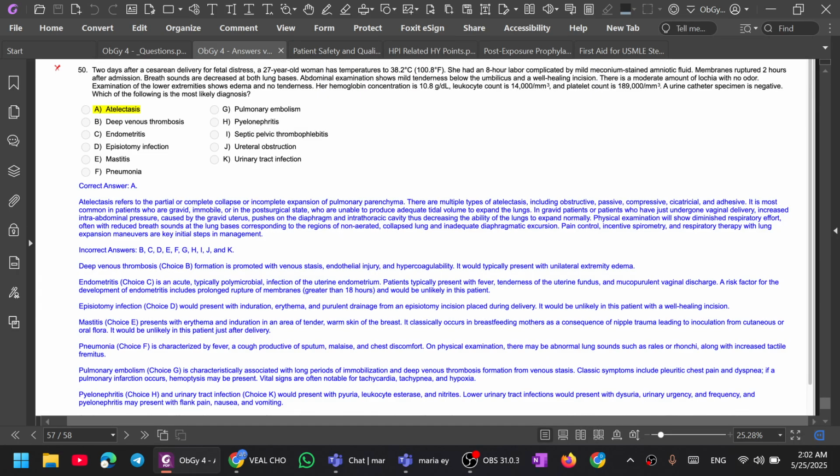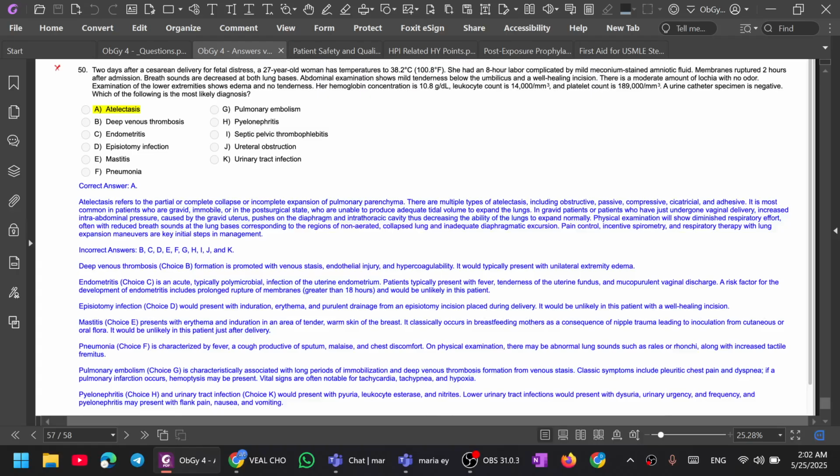Atelectasis. Okay. According to the rule of the W, do you know about the rule of the W? Wind, water, womb, and wonderwear. Wind is atelectasis.